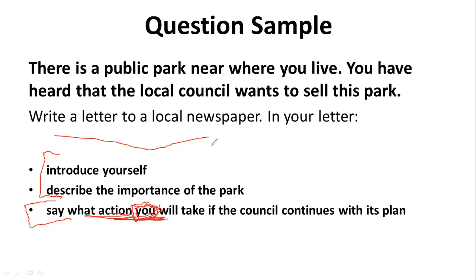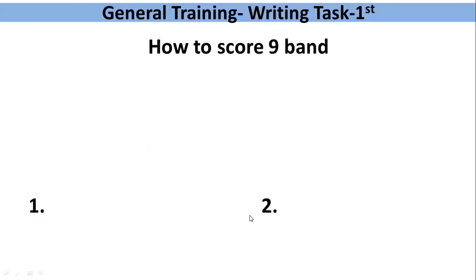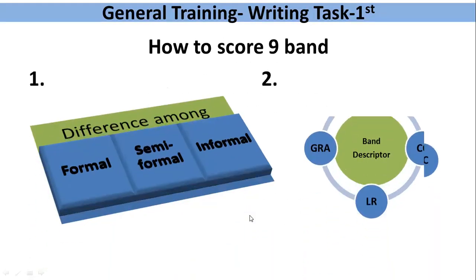If I am writing the letter, I will talk only about myself, that I will take this action, not the society members. What action of mine will it be if the local council doesn't change their plan?